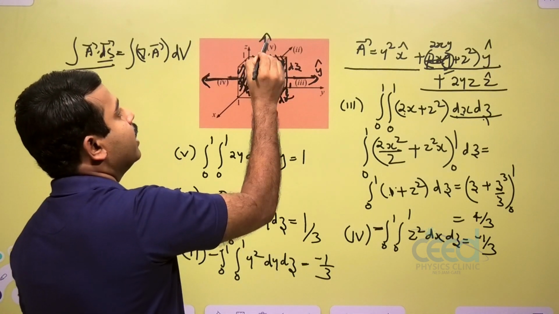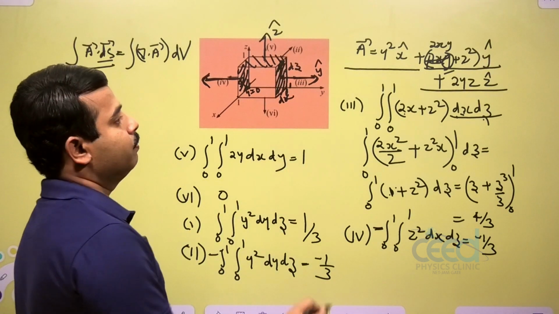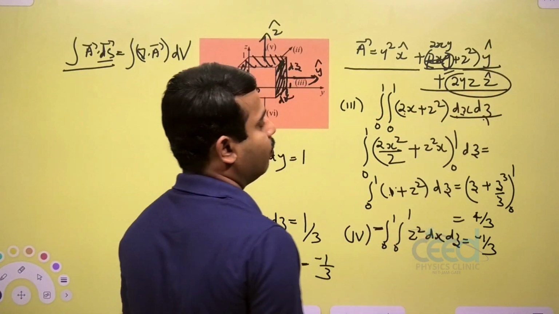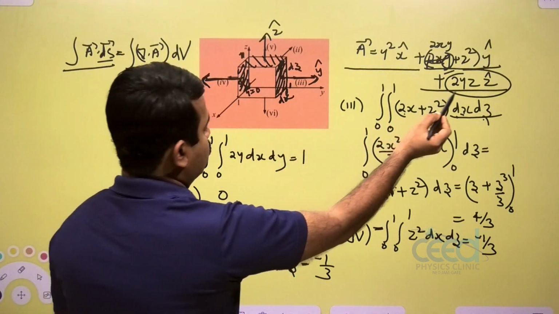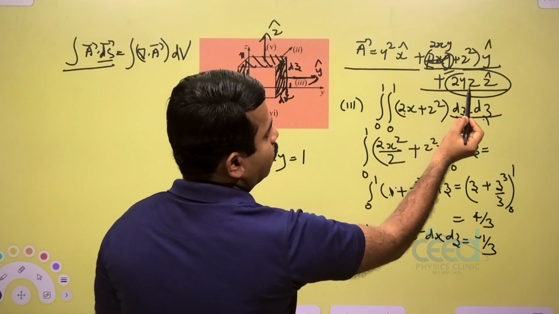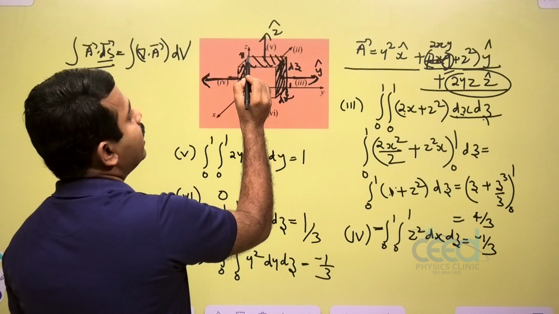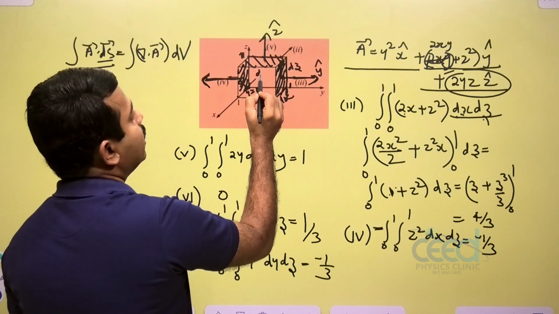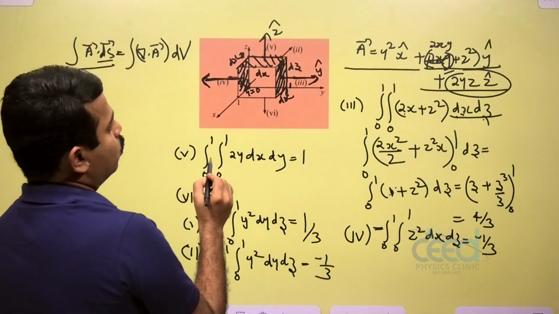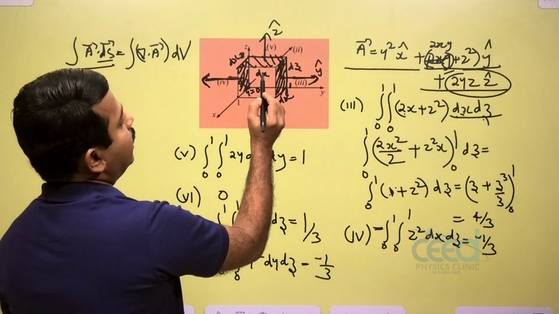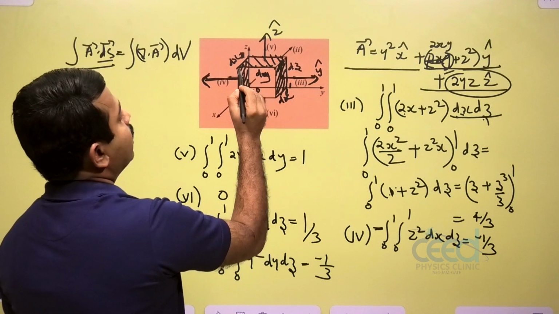This area is projected along z cap. Then which component? This part of the function we will take, 2yz. Here z is equal to 1. So what do I write? z equal to 1 means 2y is the function, and this area is the y axis limit, then dx, this is x, so dy dx. So this is dy, and this is dx.